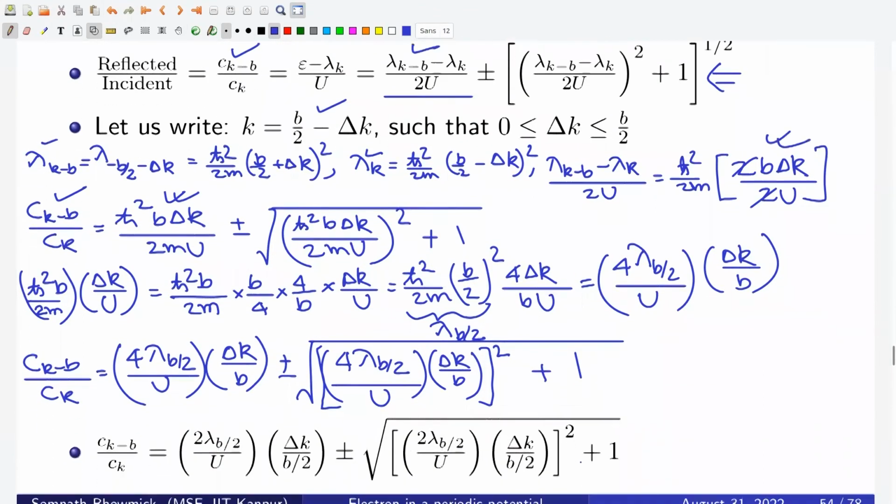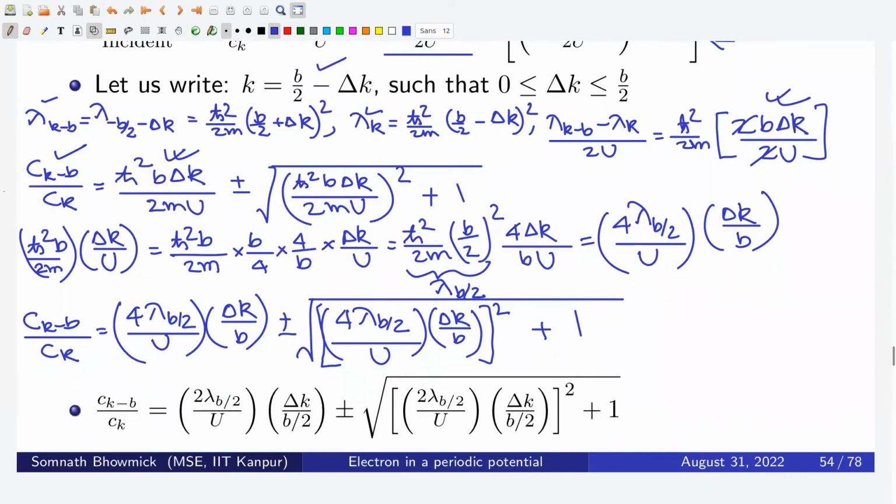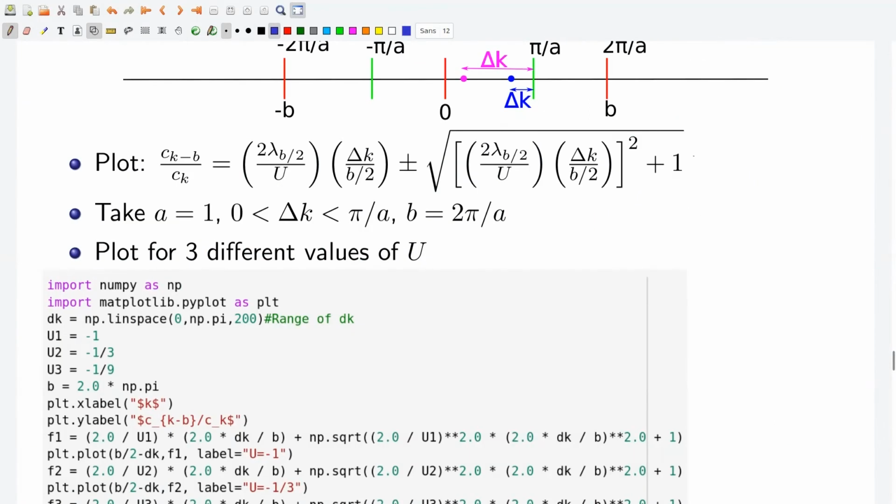Now we can slightly rearrange the terms and express Ck minus b divided by Ck in this form. Using a simple Python code, let us plot this equation, which tells us how much of the incident wave is getting reflected because of the periodic potential.